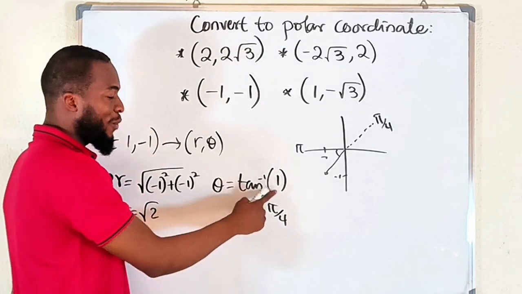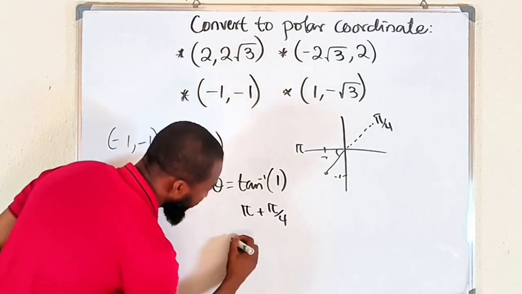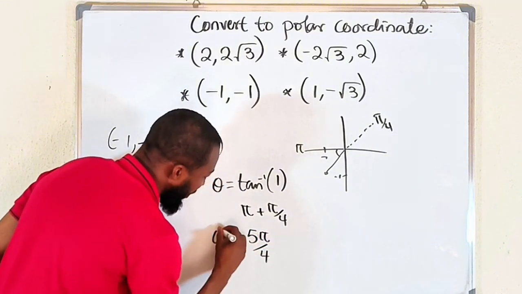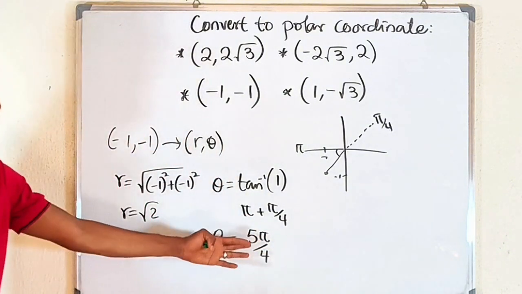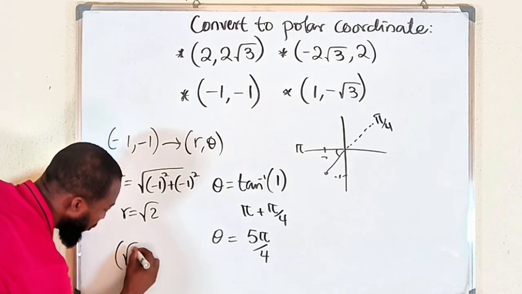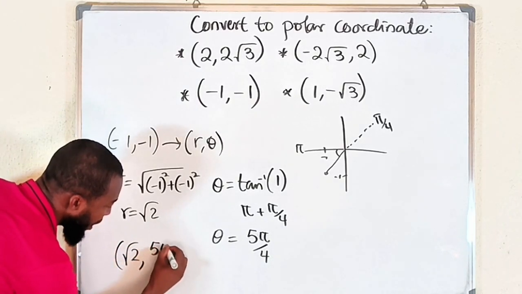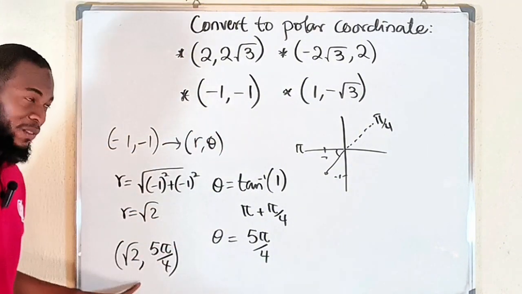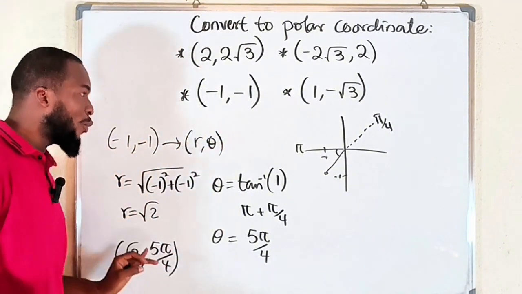This time this is 4 plus this is 5. So we have 5 pi divided by 4 as your angle. So you can see that the polar coordinate will be what? Root 2, 5 pi divided by 4. So from this to this is rectangular while this is polar.